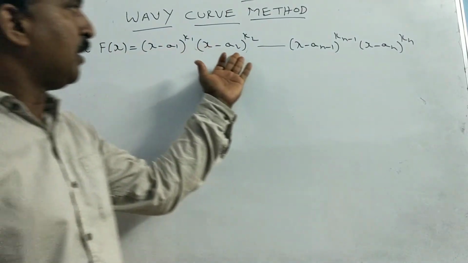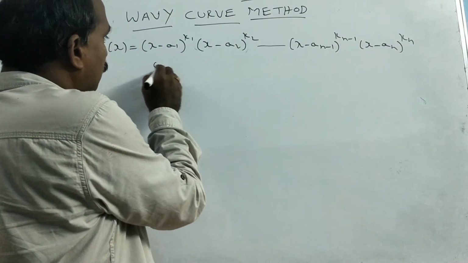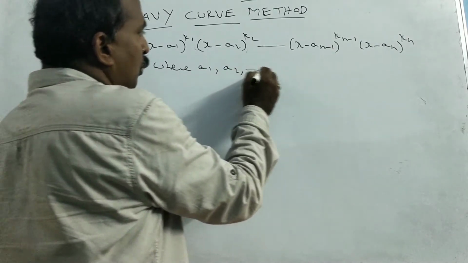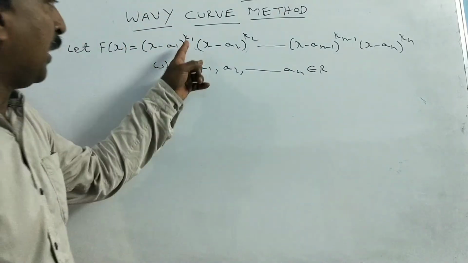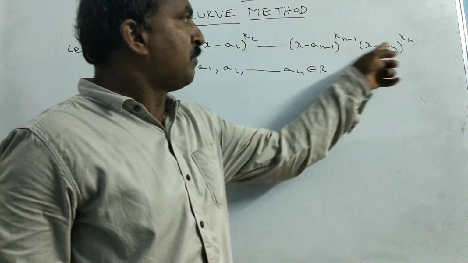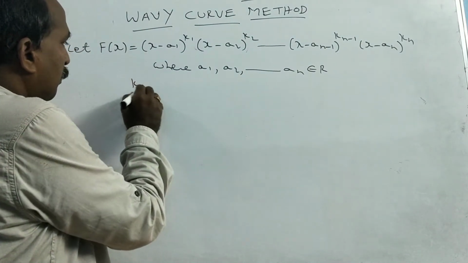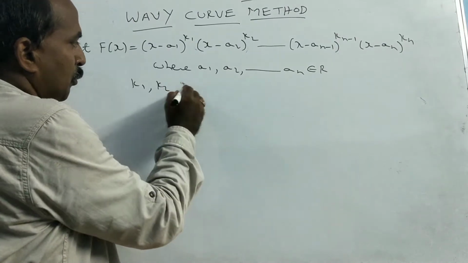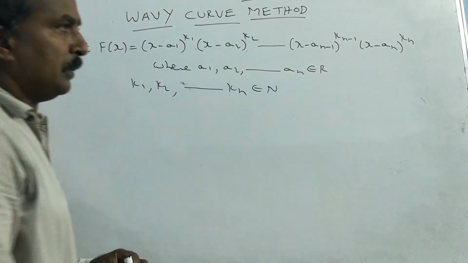Here a1, a2, so on, an minus 1, an are real numbers, and k1, k2, kn minus 1, kn are natural numbers.